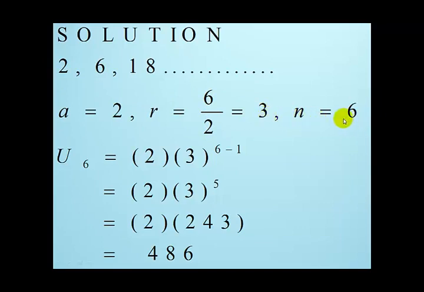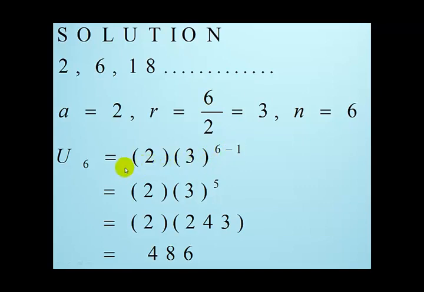So by substitution, u6 equals 2 times 3 exponent 6 minus 1, because the nth term is given by ar exponent n minus 1.